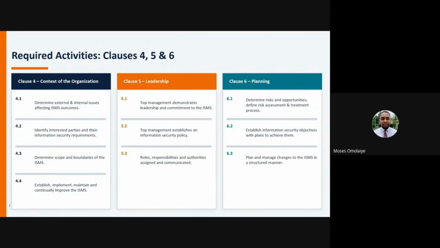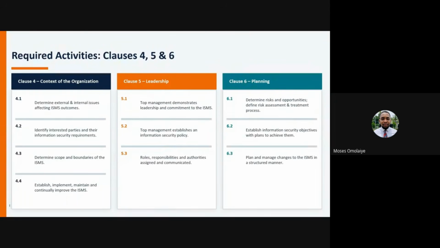Then clause 5 is leadership. So top management has to demonstrate leadership and commitment to the ISMS. So top management would establish an information security policy, and then roles and responsibilities will be crafted, and their authorities will be assigned to them and communicated appropriately.